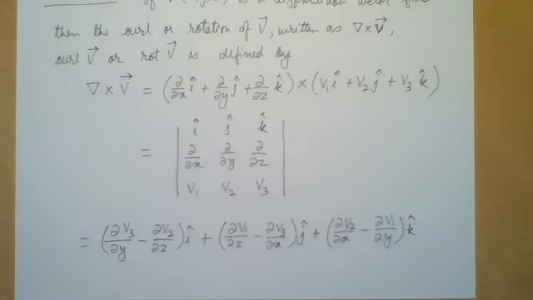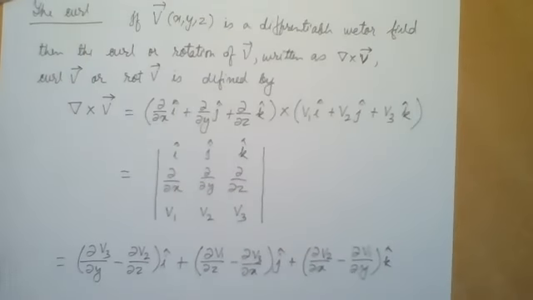So what have we discussed so far? We have discussed the gradient, the divergence, and the curl in Cartesian coordinate systems. Then what is our next aim? What are we going to do next?